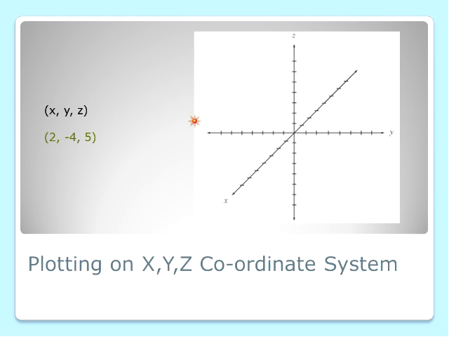Okay? So, X. First, I want everyone to identify the x-axis right here. And now find positive 2 on that x-axis right here. And we're going to do the box method.